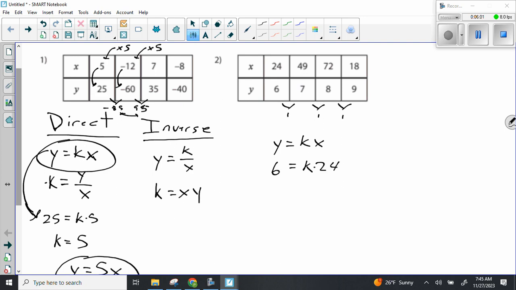I'll divide both sides by 24, and we get that k is 1/4. Is it true that if I multiply 24 times 1/4, I get 6? Well, yeah. But what happens when I multiply 49 times 1/4? That's 49 fourths, or 11 point something.